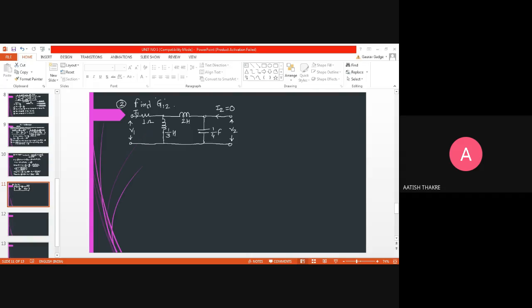Ohm's law in the circuit, Laplace, or you can start applying the rules and steps and get it fast.